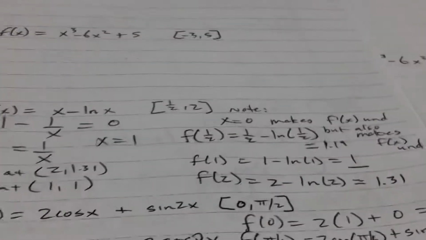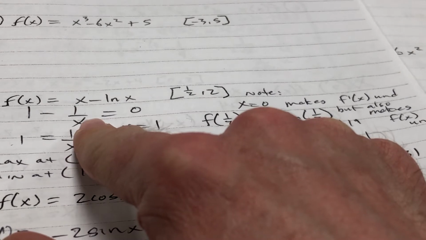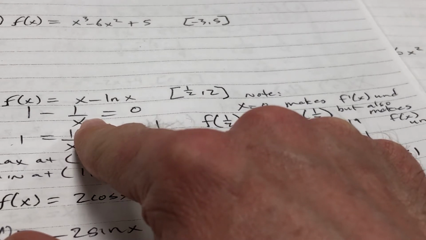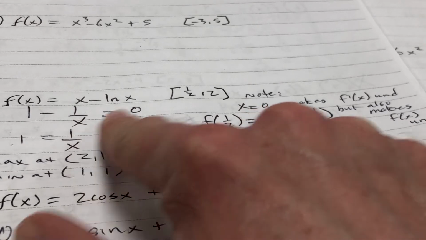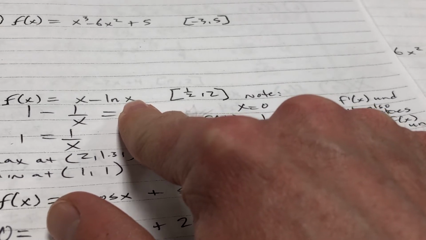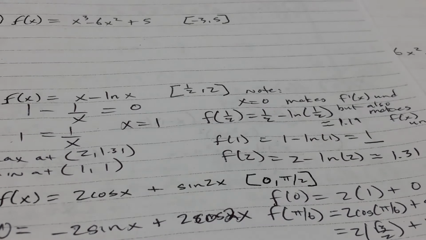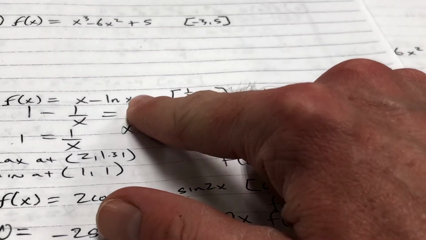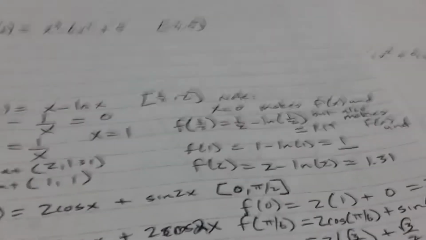Note that x equals 0 makes the derivative undefined, so we would think that would classify as a critical number, but 0 is undefined in the initial function, also out of the interval. It doesn't count as a critical number because it gives me a value of x that makes f of x undefined. So x equals 1 is my only critical number.